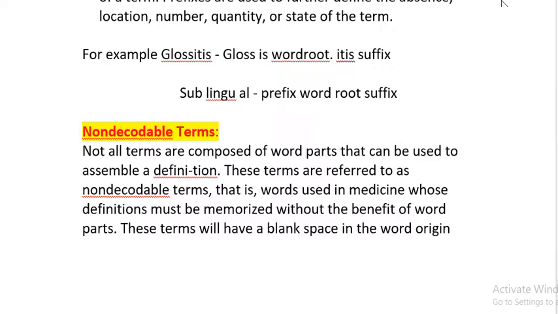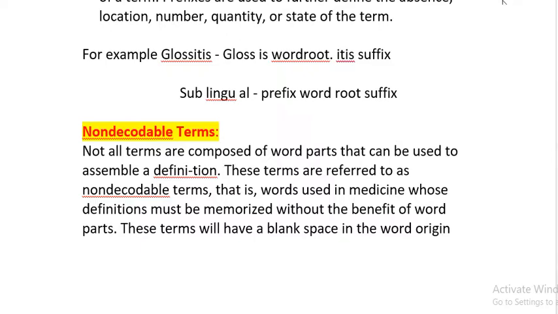So glossitis means inflammation of the tongue. The second example is sublingual. Here sub is the prefix, lingua is the word root, and al is the suffix. If you understand sublingual closely, sub means below the, lingua means tongue. So in total, sublingual means under the tongue.